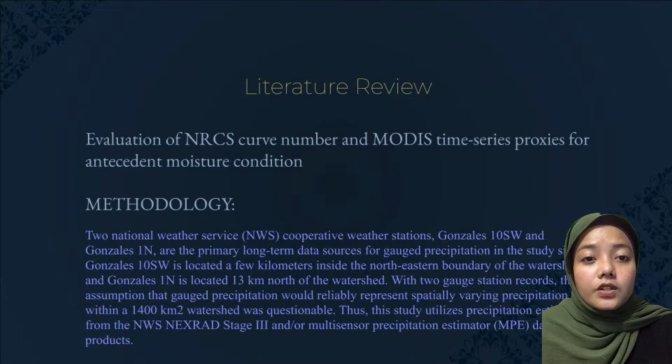With the gauge station record, the assumption that gauge precipitation would represent spatially varying precipitation within the 1,400 km watershed was questionable. Thus, the study utilizes precipitation estimates from the NWS NEXRAD stage 3 and or multi-sensor precipitation estimator MPE data product.